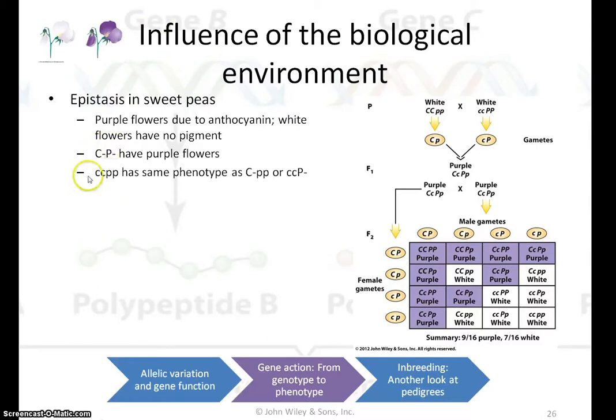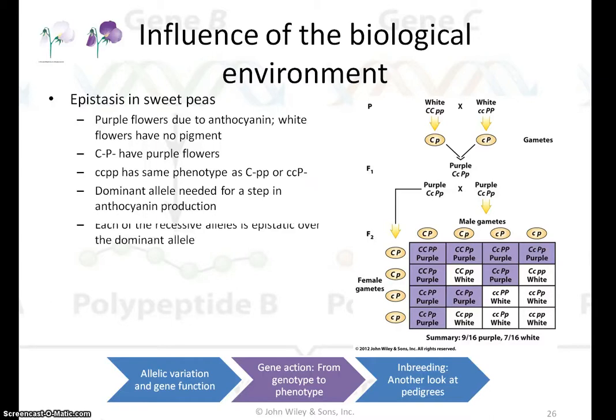But the homozygous recessive condition for both genes actually has the same phenotype as being homozygous recessive for only one and having a dominant allele for the other. So what's going on here is that the dominant allele is needed for a step in the production of this anthocyanin molecule. And each of the recessive alleles is epistatic over the dominant allele.